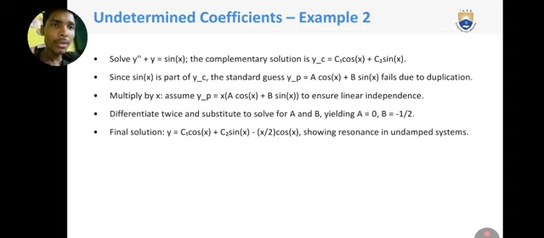Multiply by x: assume y p is equal to x times a cos x plus b sin x to ensure linear independence. Differentiate twice and substitute to solve for a and b, which gives a is equal to 0 and b is equal to minus 1 by 2. The final solution is y is equal to c1 cos x plus c2 sin x minus x by 2 cos x, showing resonance in an undamped system.